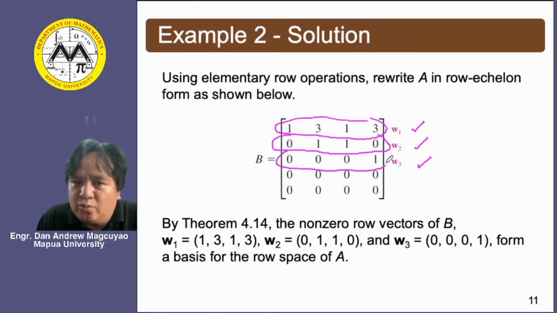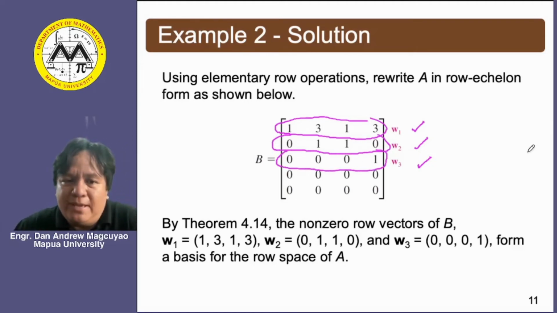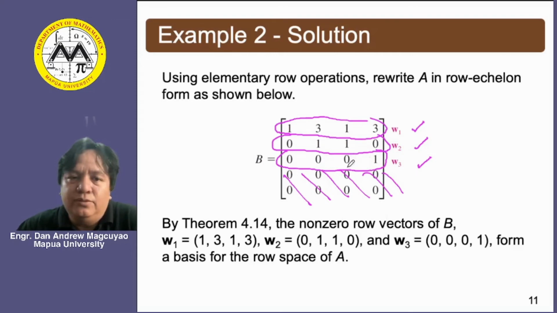Thus, this is the row space. So the row space of A is 1, 3, 1, 3; 0, 1, 1, 0; and 0, 0, 0, 1. So these form a basis for the row space of A. We disregard the zero rows, so the non-zero rows form the row space of A.